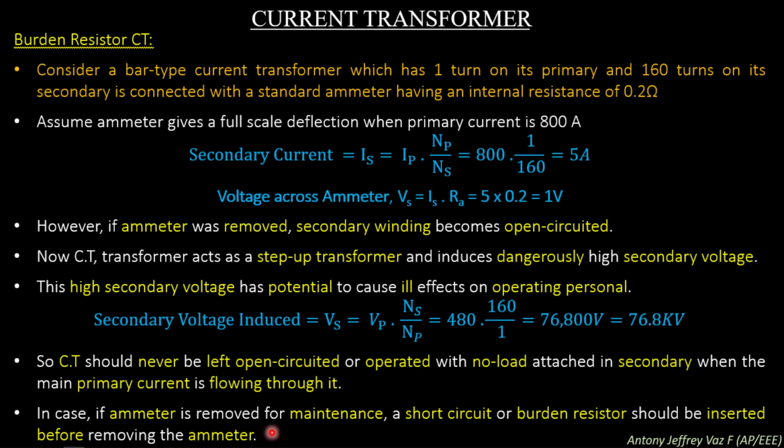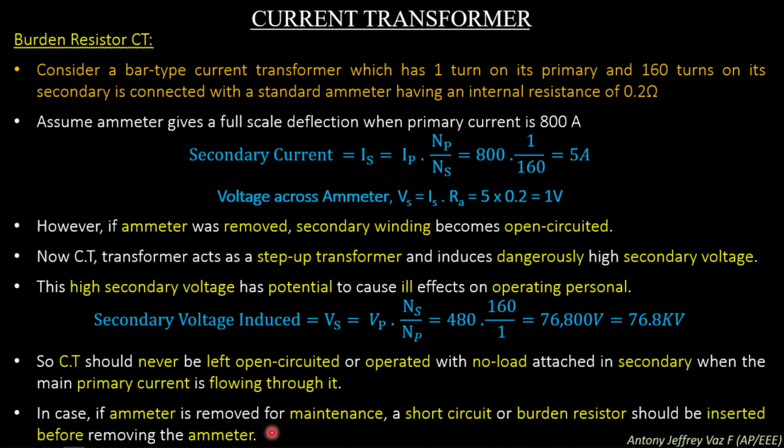We need to short circuit the secondary winding of the current transformer firmly, or we can insert the burden resistor in the ammeter secondaries. Then only we should remove the ammeter.